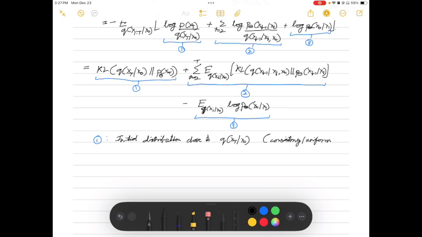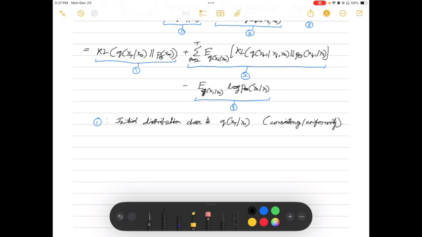In the initial distribution that we will be using to start our Markov chain from. And the second term is a summation of expected KLs.